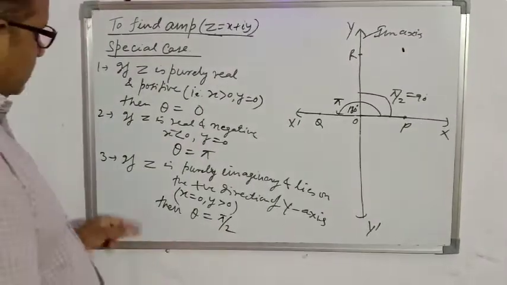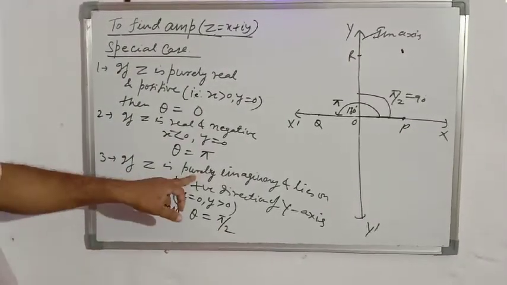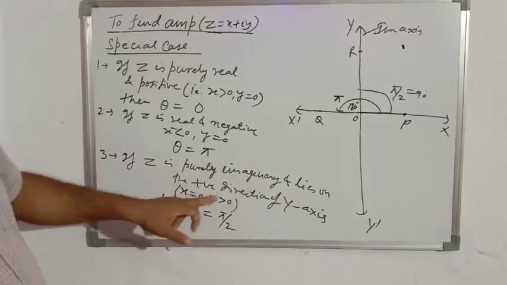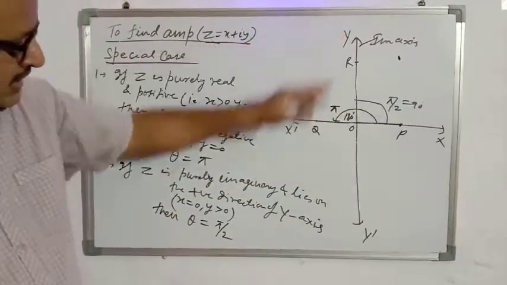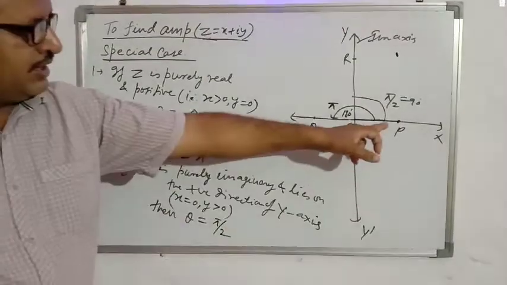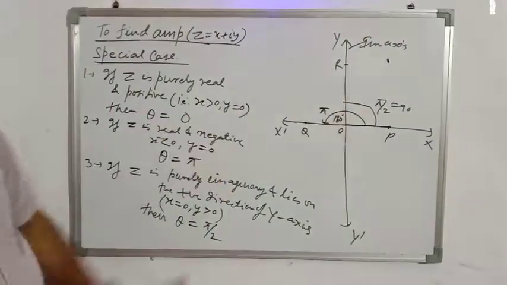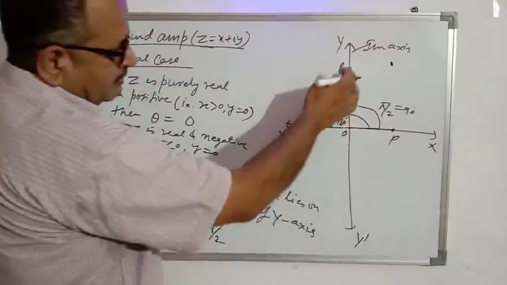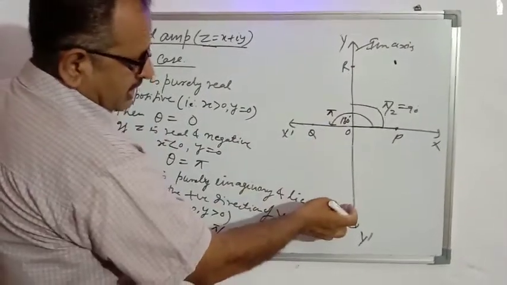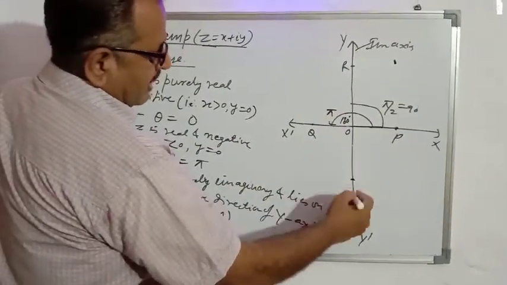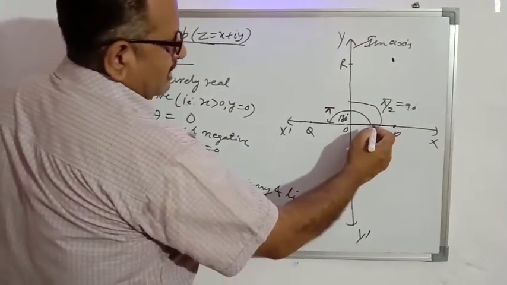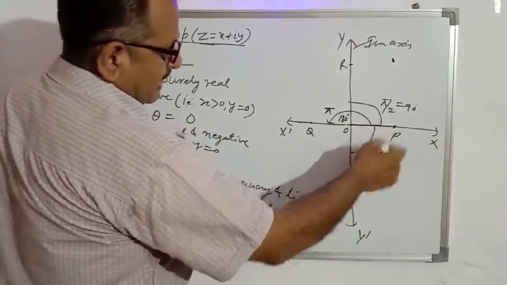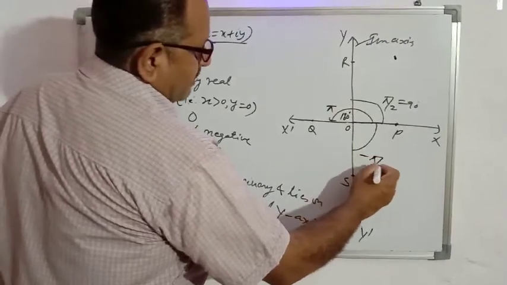Again, if z is purely imaginary and it lies on the positive direction of the y-axis, in that case theta will be 90 degrees, meaning pi by 2. And if z is purely imaginary but lies on the negative direction of the y-axis, suppose here, then this angle will be negative, so minus pi by 2.